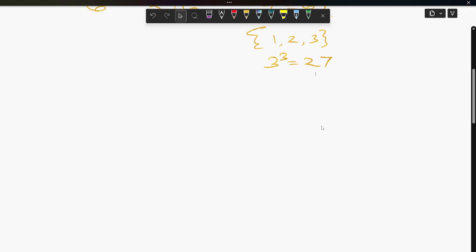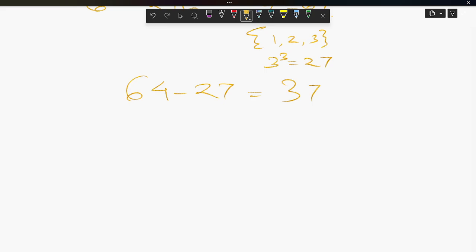So the number of favorable outcomes will be 64 minus 27, and that will be what? That will be 37. So now we are going to compute the probability. The probability is the number of favorable outcomes divided by the total outcomes. So that will be 37 upon 216.